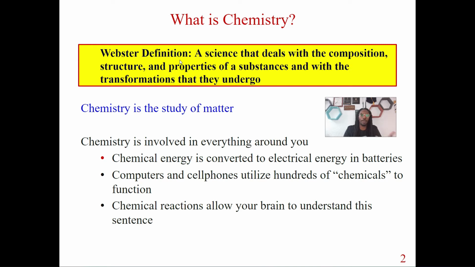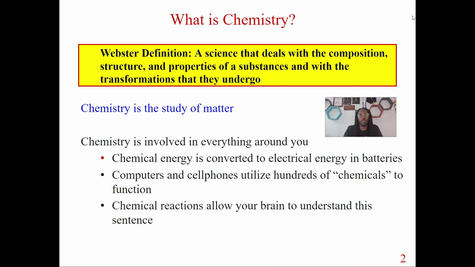Everybody Googles everything, but when we had dictionaries, we looked up everything in Webster. They define chemistry as a science that deals with the composition, structure, and properties of a substance, and with the transformations that they undergo.